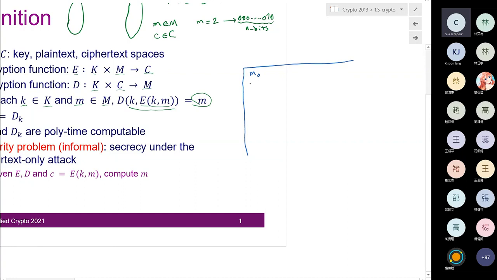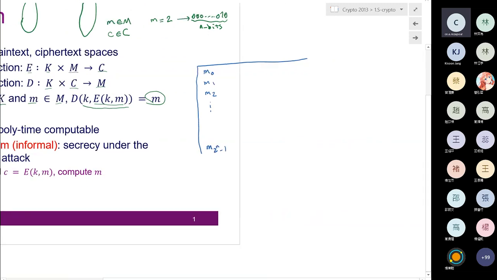I can show M0, M1, M2, all the way to M_(2^n minus 1). These are many different messages that I could have. And similarly, I have C0, C1, C2, all the way to C_(2^n minus 1). These are all the ciphertexts that I can have from this set.